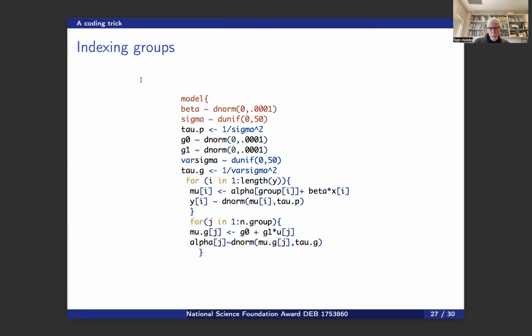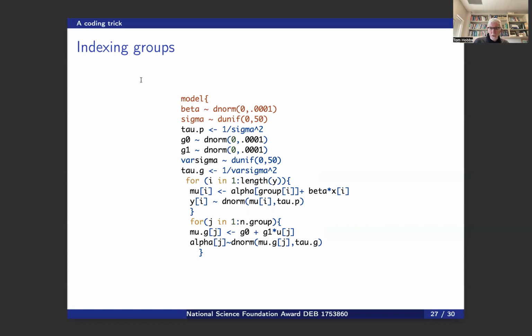Well, here's how we do it. We use a little trick that's shown down here. Let's go down to the for structure that's going to loop over the length of Y, so over all of the rows in Y. And look what we've done with alpha. We have alpha, and then within that, we have a double bracket group[i], where group is given as data for each row.